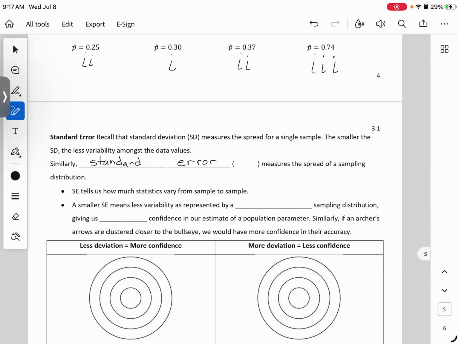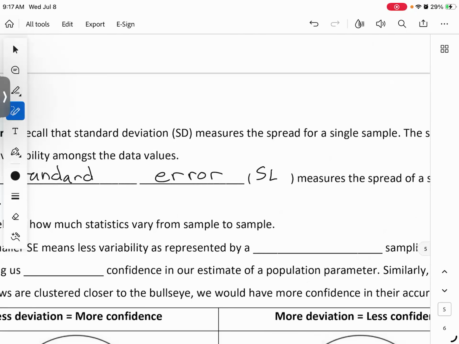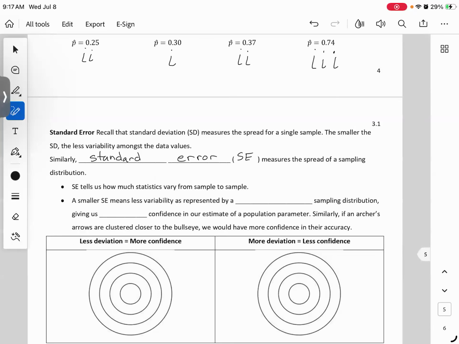Standard deviation, when we first saw it, was for when you had one sample: how different were the values within that one sample. But now that we have multiple samples, we're just switching it to standard error. That is talking about how different or similar the samples are in terms of their values. Are they spread out, or are they more narrow together?